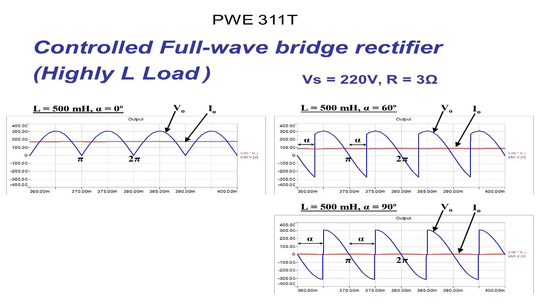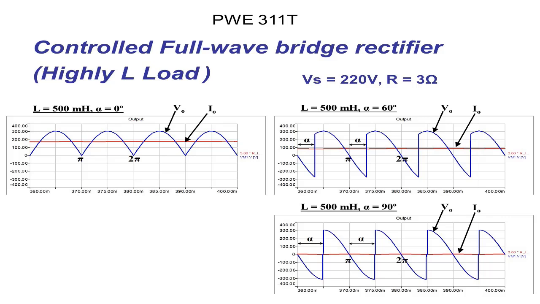Now, also with a highly inductive load, if you have a controlled rectifier with highly inductive load, you can see how the waveform will look. Normally, once the firing angle alpha is 0, the voltage waveform will look like that of a normal uncontrolled rectifier, that is the use of diode.